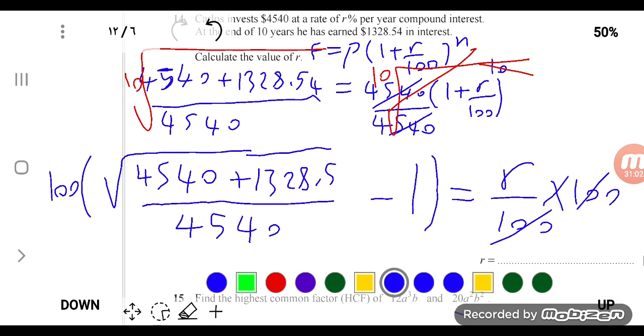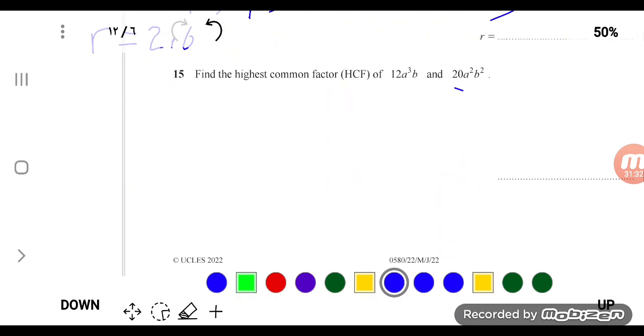Now r is the subject, and you can plug the whole of the left side on the calculator to get the value of r. So this is easy now. r, in this case, is equal to 2.6%. So 2.6, and that is the whole solution.